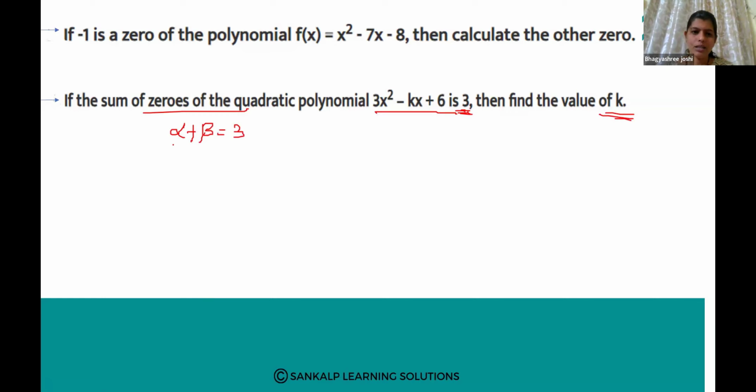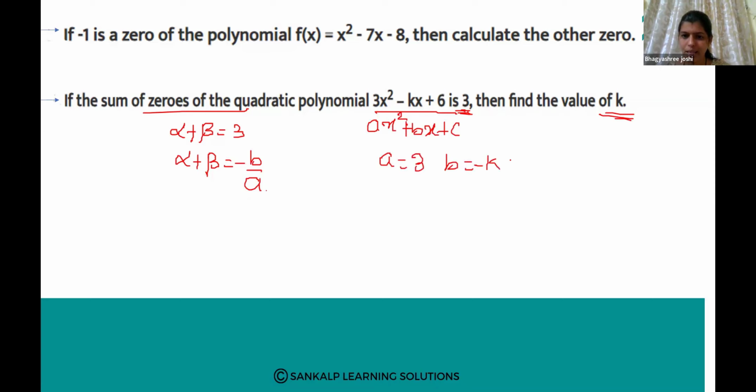We know the sum of zeros is equal to minus b divided by a. So alpha plus beta equal to minus b by a. Now this is in the form of ax square plus bx plus c. a value is 3, b value is minus k and c value is 6. So alpha plus beta value is 3, minus b value is minus k.